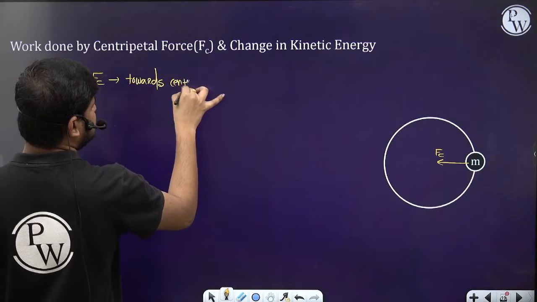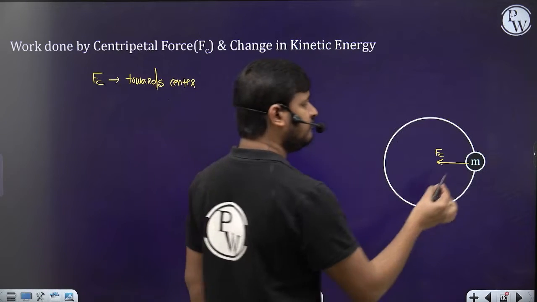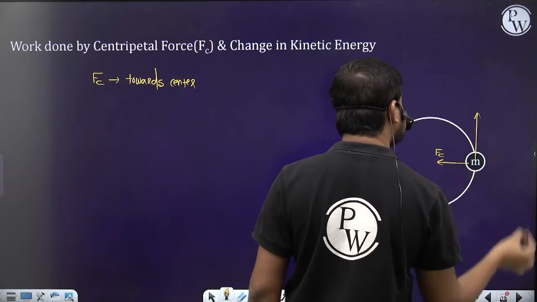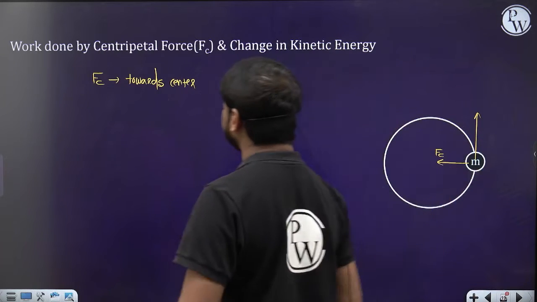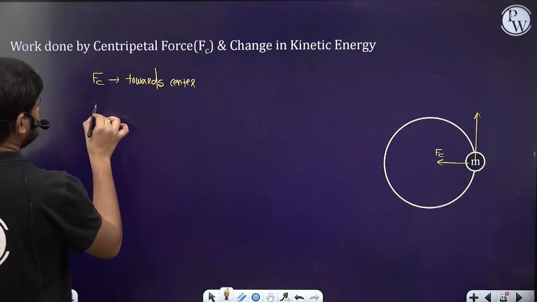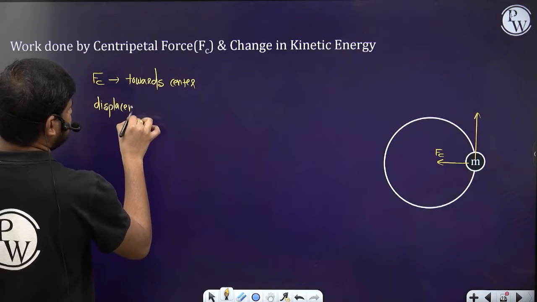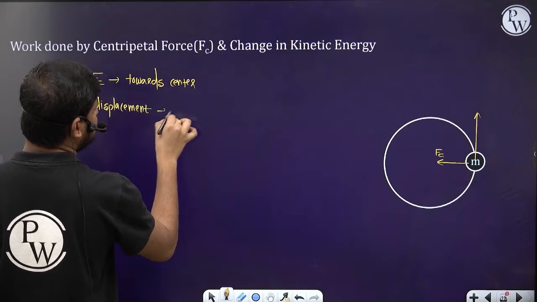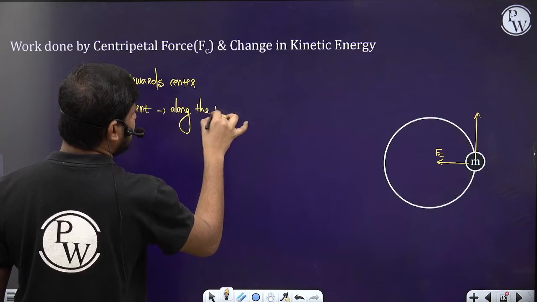Just understand the basics here. The particle will displace along the tangent. If the particle is moving from here to here, it is moving along its tangent, so the particle's displacement is along the tangent.